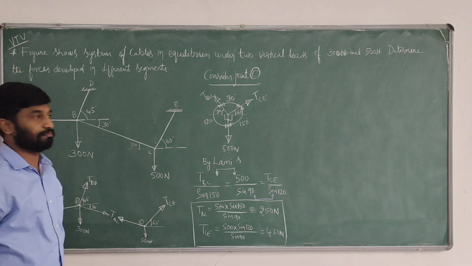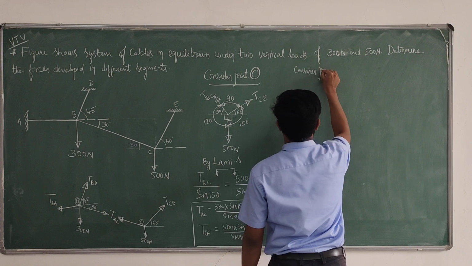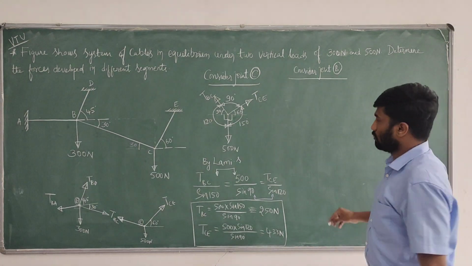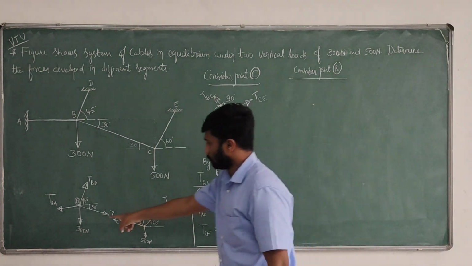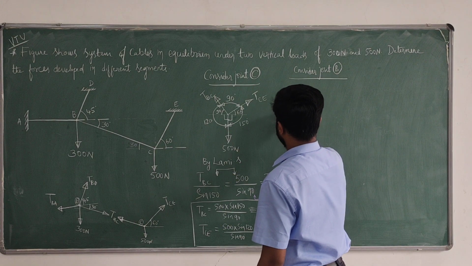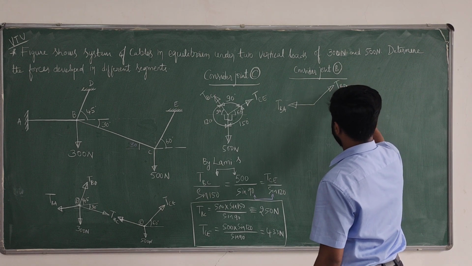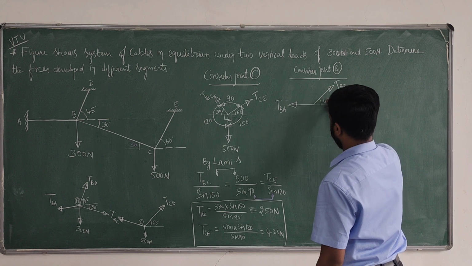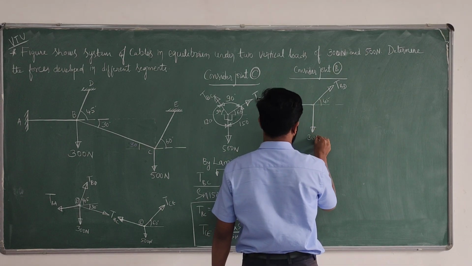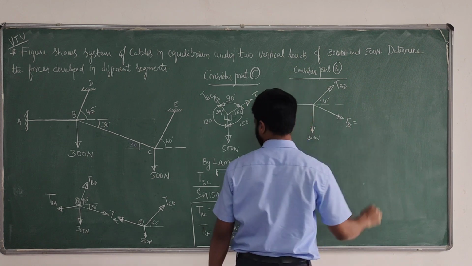Next, consider joint B. This is the free body diagram for B. So TBA, TBD at 45 degrees, a downward force of 300 Newton, and one more load in tension, that is TBC, which is equal to TCB.